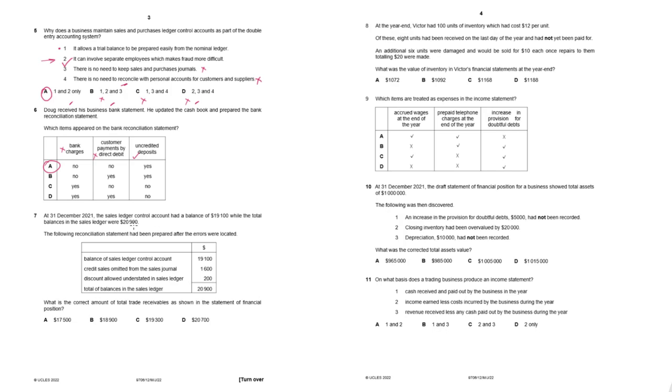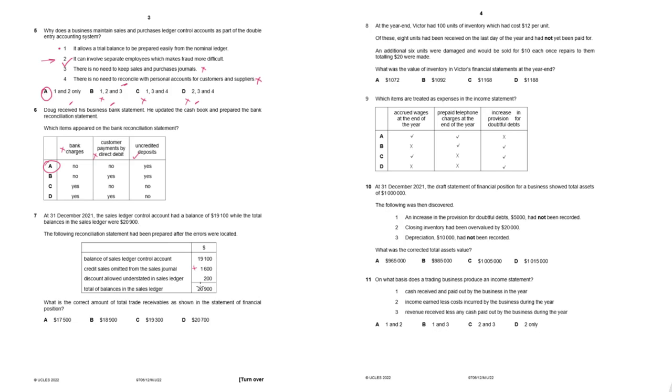At 31st December, sales ledger control account had a balance of 19,100, while the total balance in the sales ledger, which is the total of debtors accounts, showed 20,900. Okay. Following reconciliation has been prepared after the errors were located. The balance in the sales ledger control account, then credit sales omitted from the sales journal, so they're trying to add it.